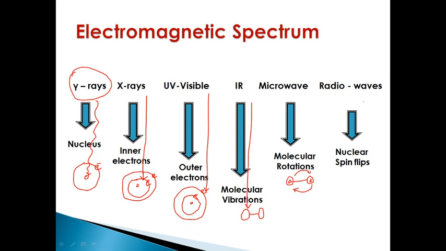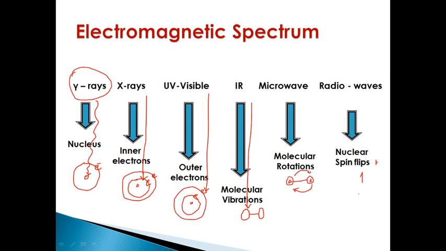Now come to the next one, that is radio waves. When radio waves interact with matter which consists of a nucleus that has a particular spin, the spin of the nucleus can be flipped from one orientation to another. Due to the change in nuclear spin, we get the spectroscopy called nuclear magnetic resonance spectroscopy.